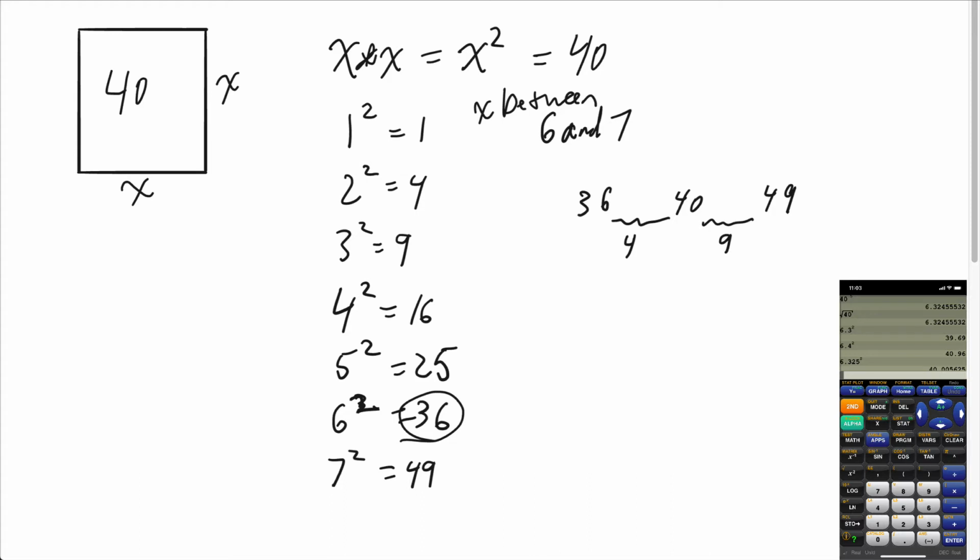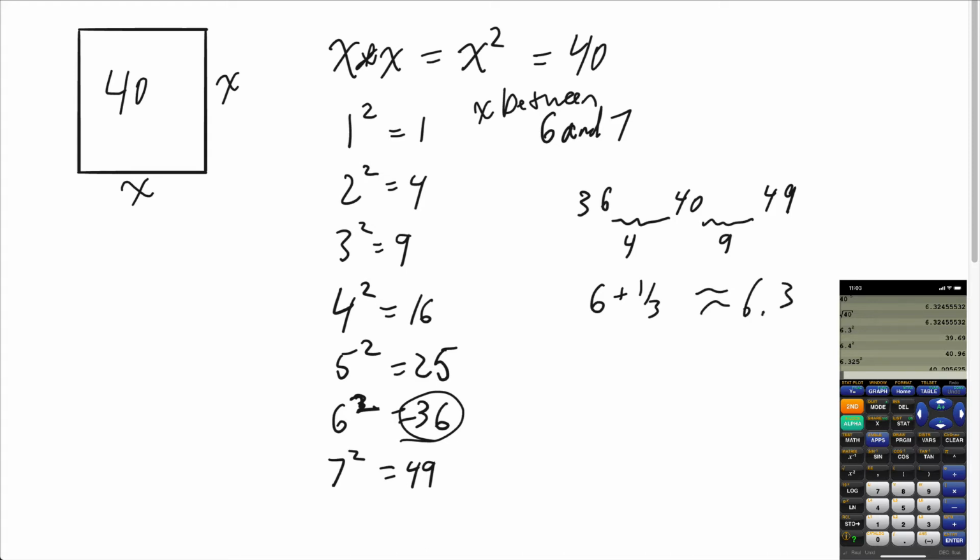So, if you think of 4 as a single step, then 9 is 2 steps, more or less, right? And so 40 is 1 step away from 36, 2 steps from 49. So it's 1/3 away from 36. So it's basically 6 plus 1/3.